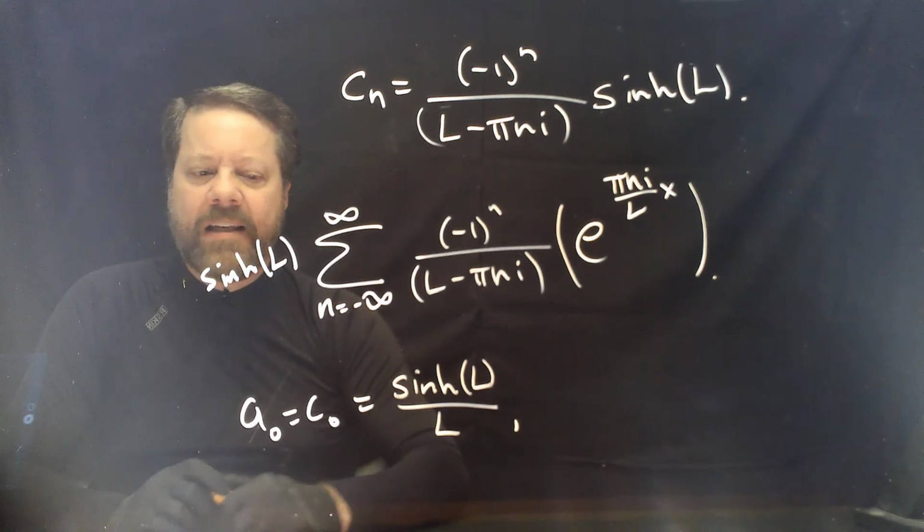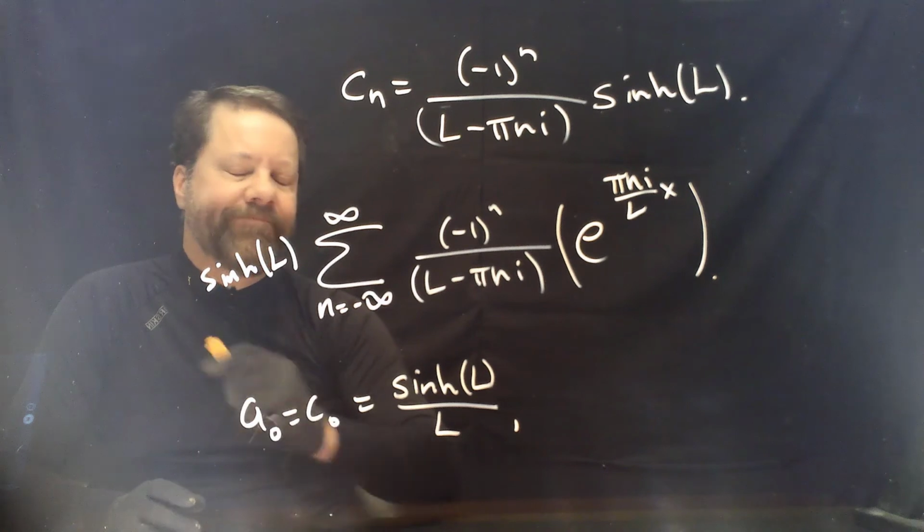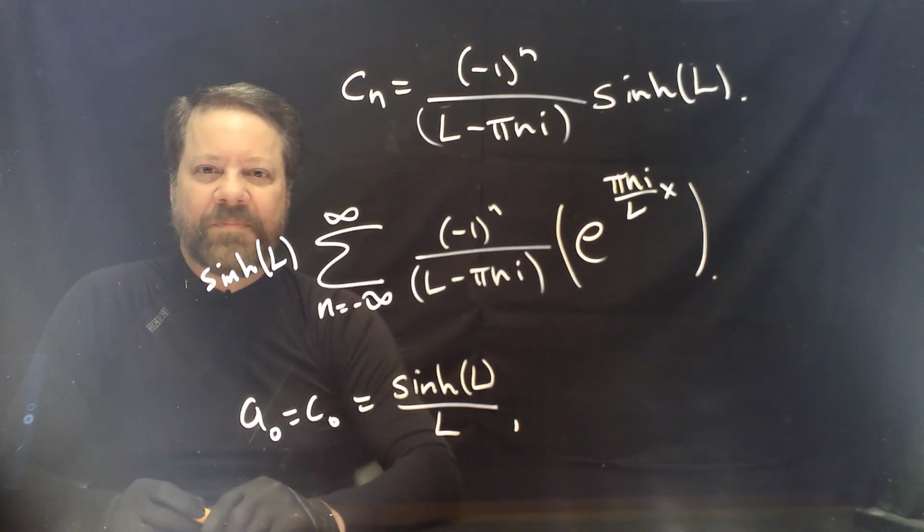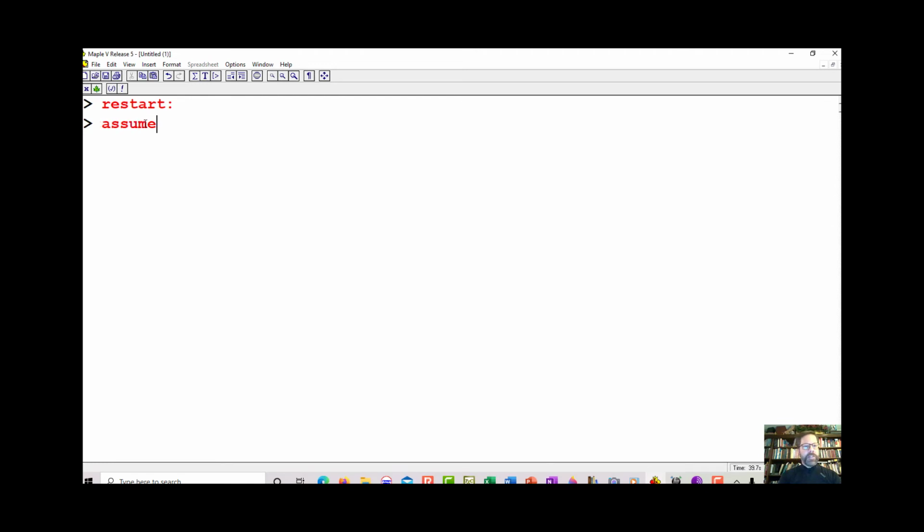Let's look at the analysis using our computer algebra system, Maple. I'm going to start by assuming that n is an integer. Let's start from first principles, as a matter of fact. We're dealing with 1 divided by 2 times L times the integral of e to the power of x.